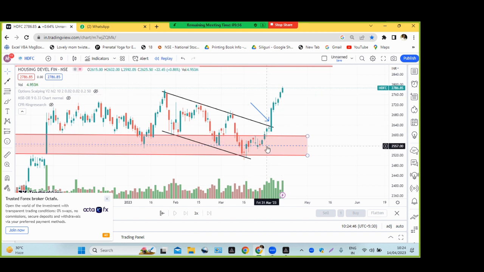Remember, the more time a stock takes, the more powerful the move will be. It spent approximately half a month, almost 15 days, in this range, and it broke.